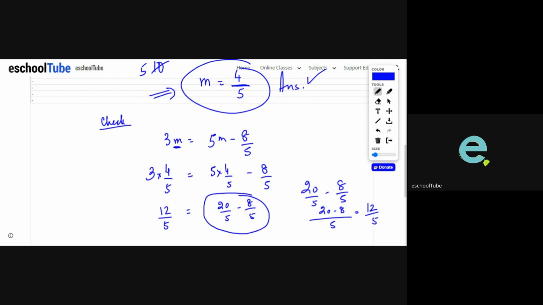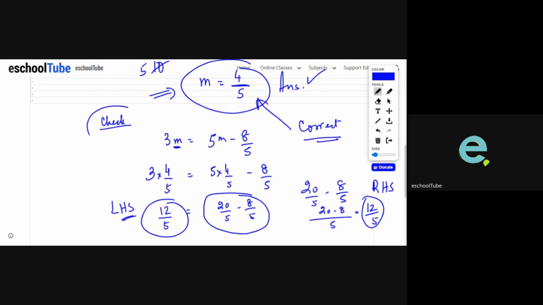Yeah. So this is your right hand side and this is your left hand side. So the left hand side is equal to right hand side. That means जो आपने m का value find किया, that is correct. So this is how you check your value of variable.